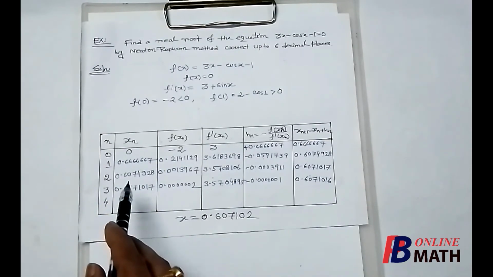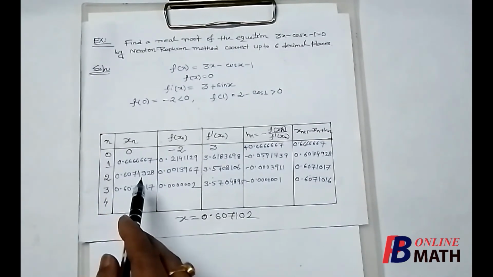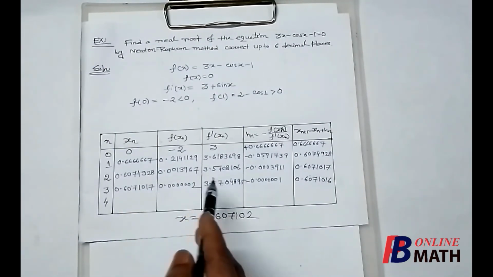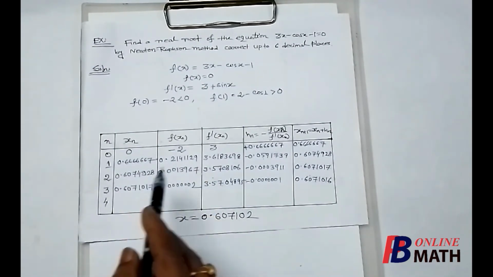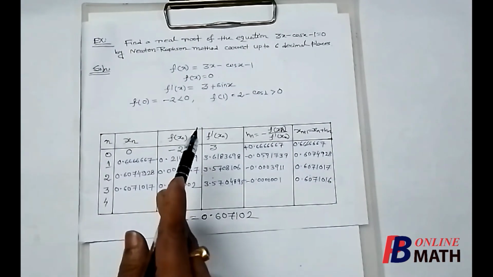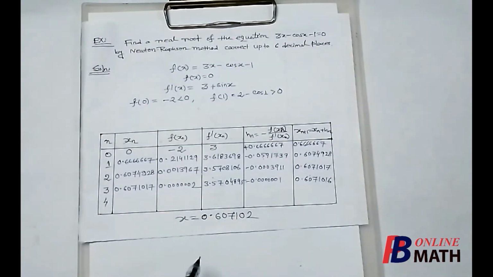So in Newton-Raphson method, we can find the real root very quickly compared to the bisection method and fixed point iteration method. But remember that Newton-Raphson method converges only if it satisfies some particular condition. So with this we complete this solution. So this is the real root which lies between 0 and 1, and this is correct up to 6 decimal places.